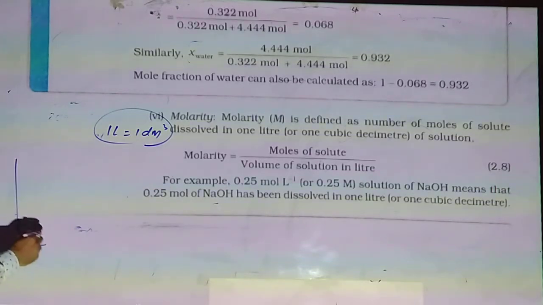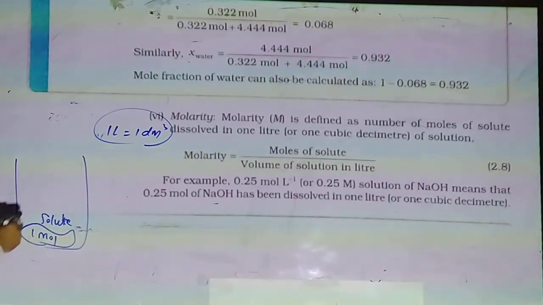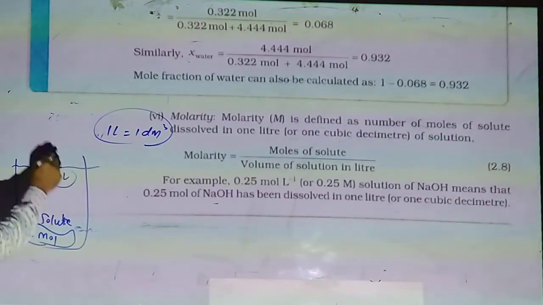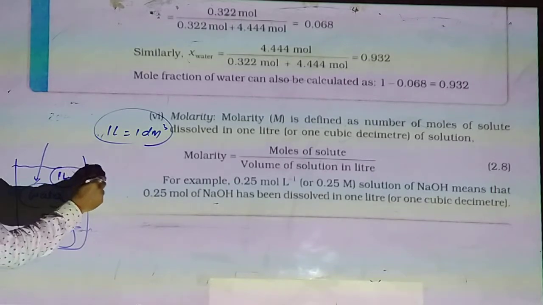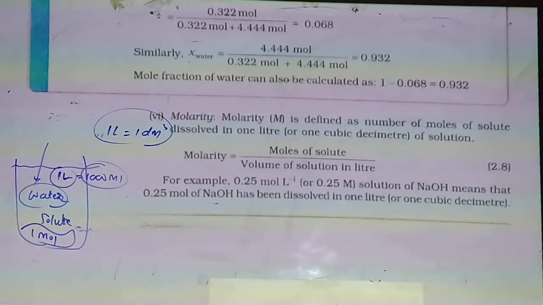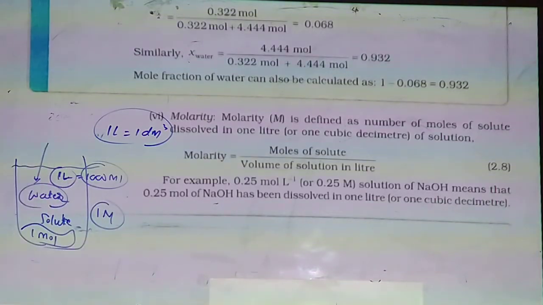When we take 1 mole solute into our beaker and add water to make 1 liter, 1000 milli solution, our molarity should be 1. How many moles are present in 1 liter solution? That is the molarity. So molarity means mole per liter.